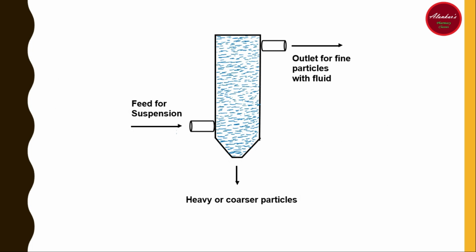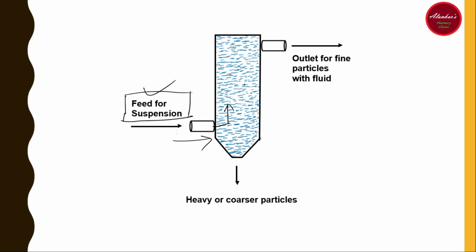This is a simple pictorial representation of the working of the single elutriation tank. Now you can see here the feed, or the suspension for which we want to separate the particles, is fed from the lower segment of the tank, and in this way the liquid will move vertically upwards.